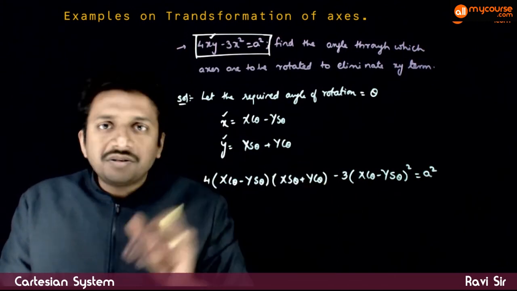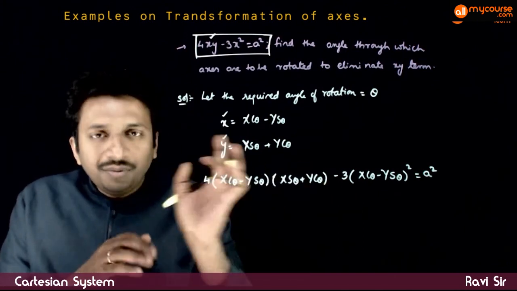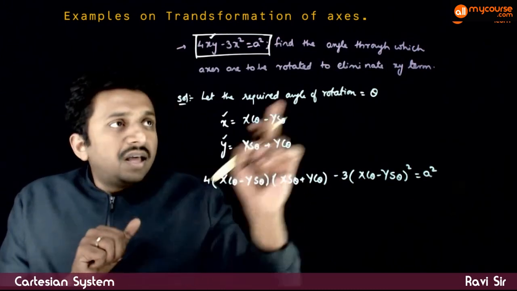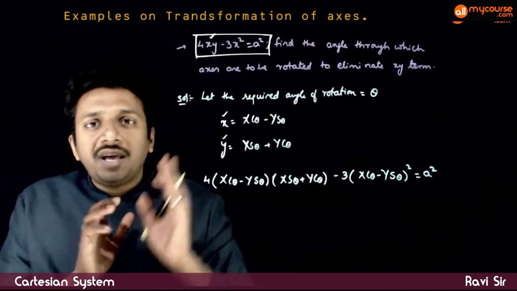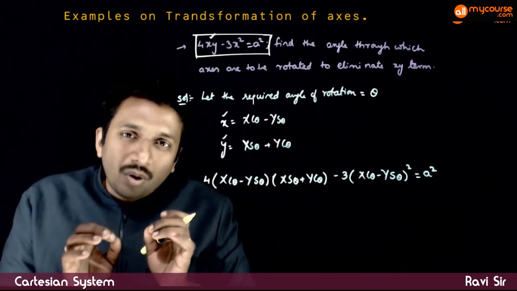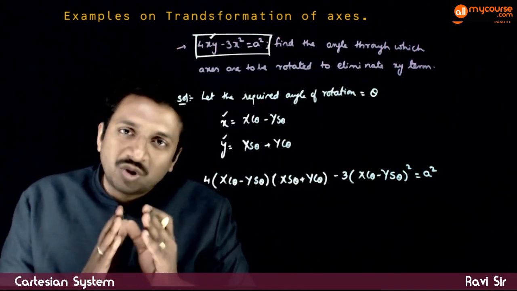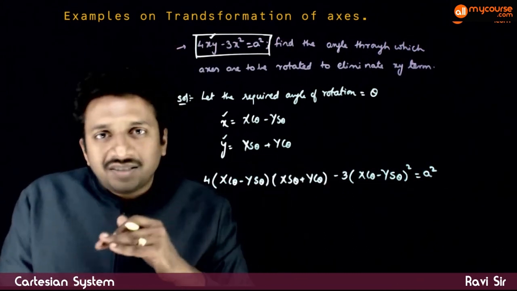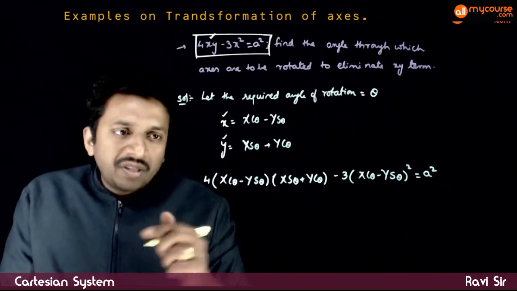Now if you expand this, you get the new equation corresponding to theta. In the new equation, the condition is that the xy term should be eliminated. That means the coefficient corresponding to the xy term has to be equal to 0. So let us expand this and see exactly what the equation is.